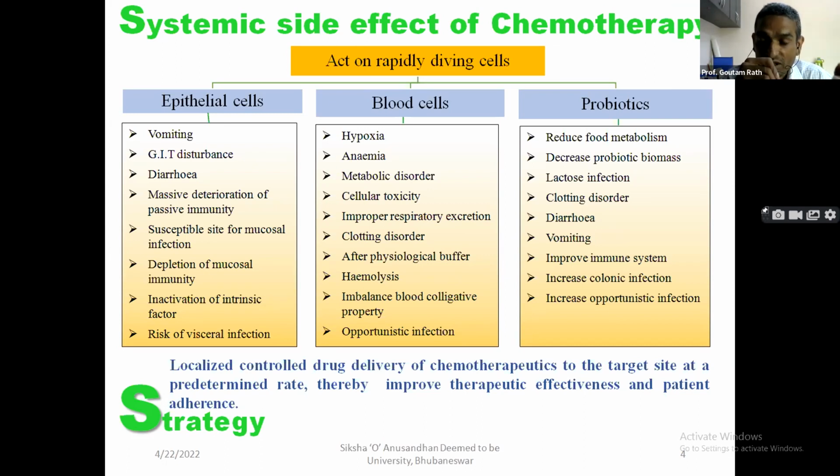And in the last 20 years, there are a number of products available in the market that are prepared from nanofiber.